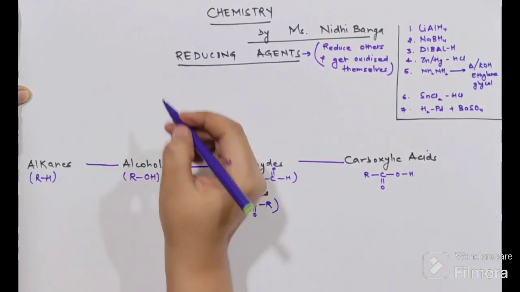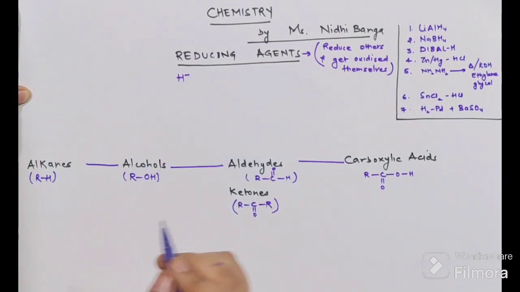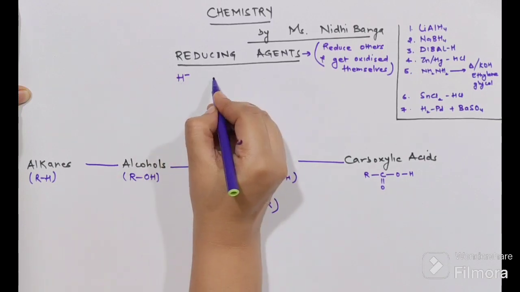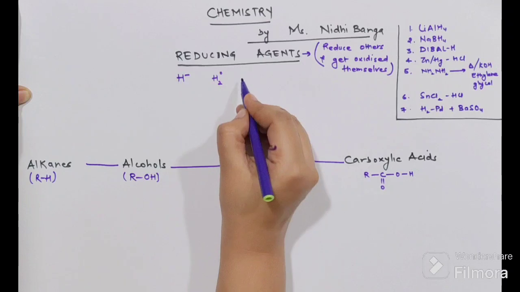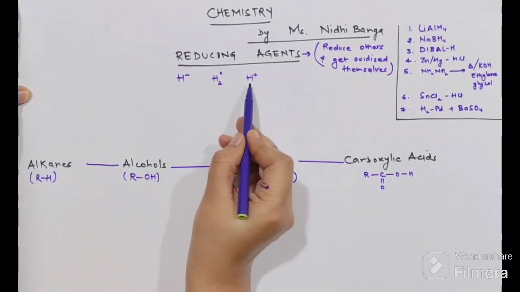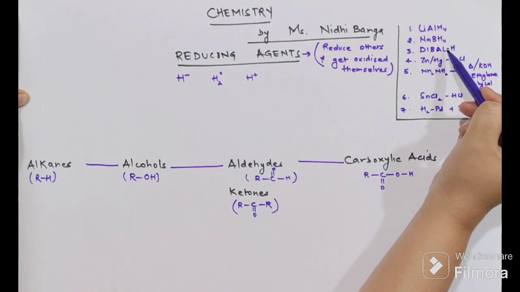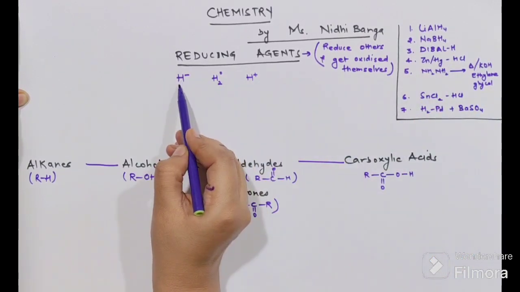So hydride, as you know, is basically H minus. Hydrogen can exist in three oxidation states: H minus, 0, which is found in elemental hydrogen, then H plus. So these are the only three oxidation states possible for hydrogen. In these three reducing agents, hydrogen is in the form of -1.